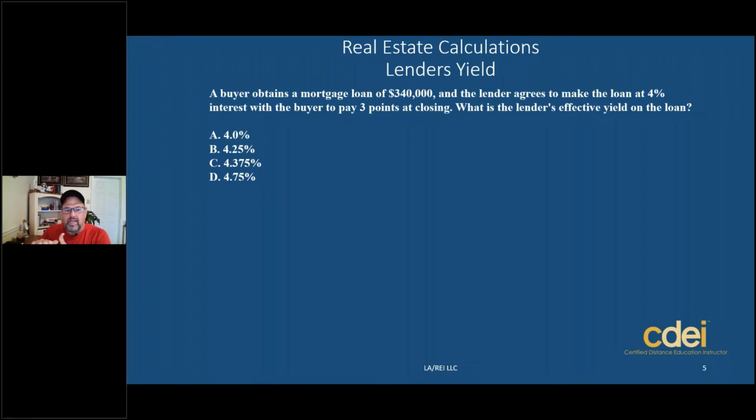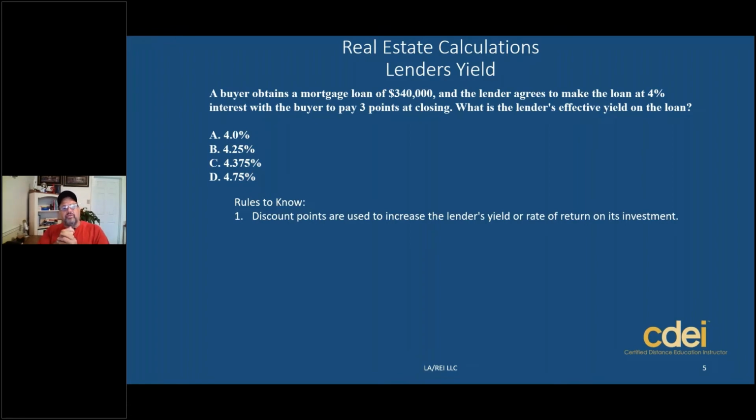Again, this question pertains to a loan for $340,000. The interest on the loan is 4%, and the buyer is going to pay 3 points at closing. Let's go over a couple of rules of thumb, some principles behind this. First of all, what are discount points? They're used to increase the lender's yield, or the rate of return on its investment.